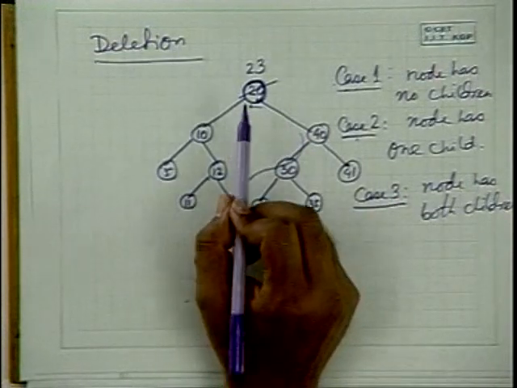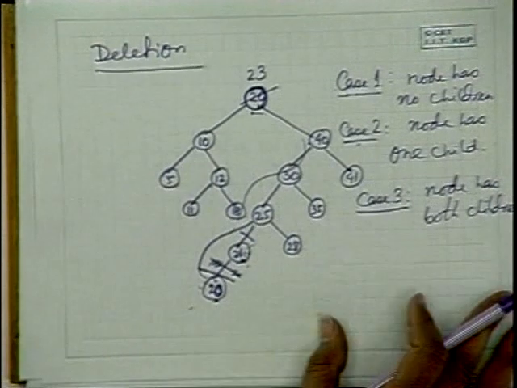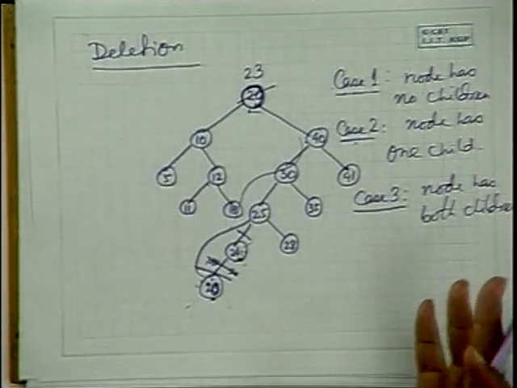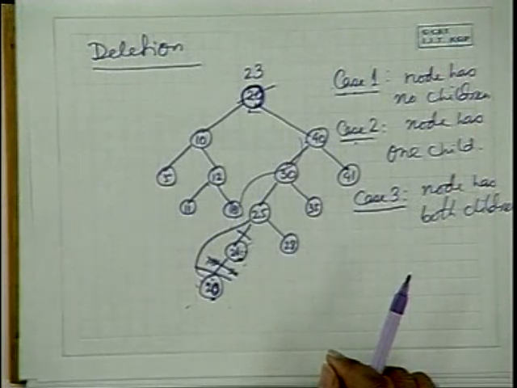So its successor will be nothing but go to the right and then take the leftmost, and that cannot have any more children. Either it does not have any more children or it has one child. That's fine. Either it has no child or it has one child. But we can go back to case 1 and case 2 in that case.